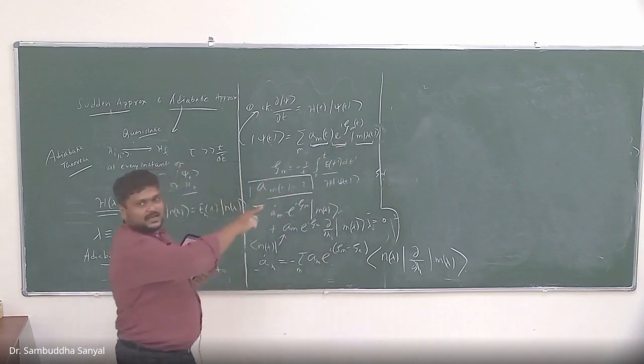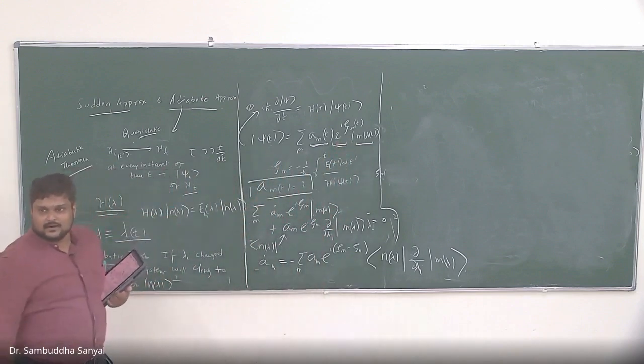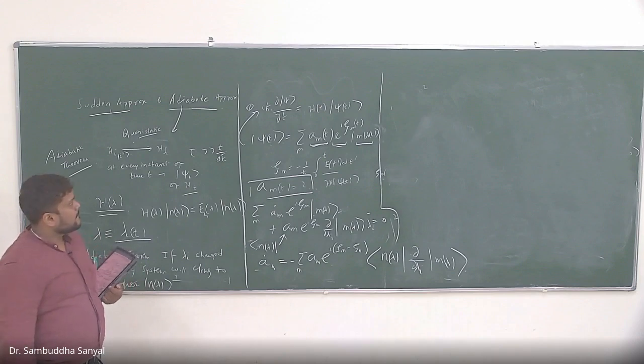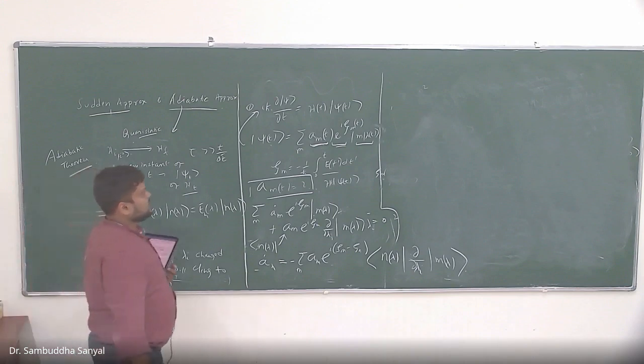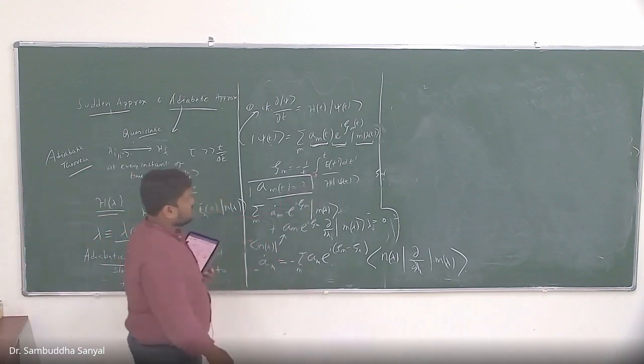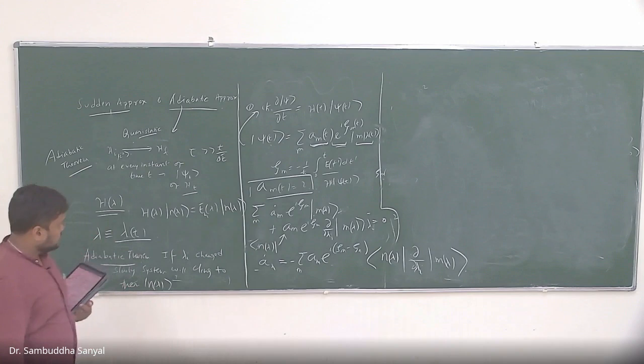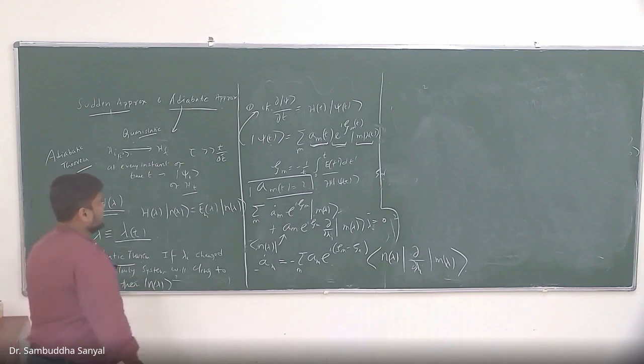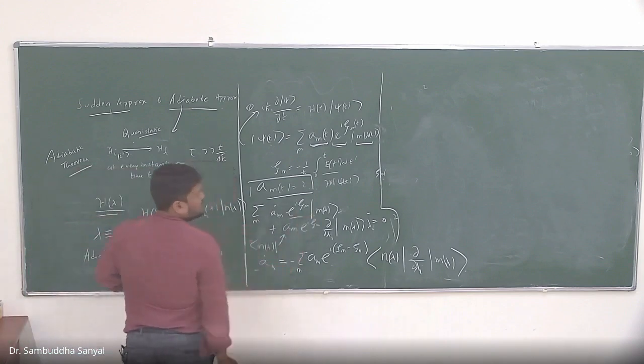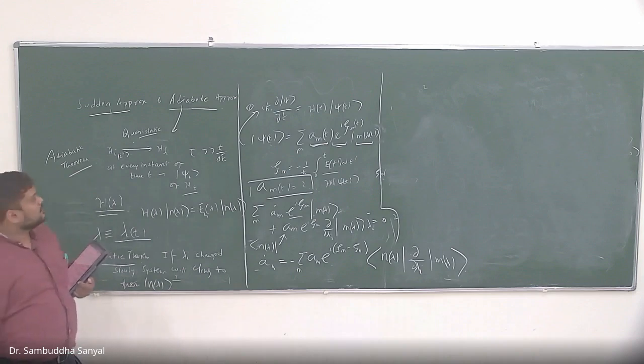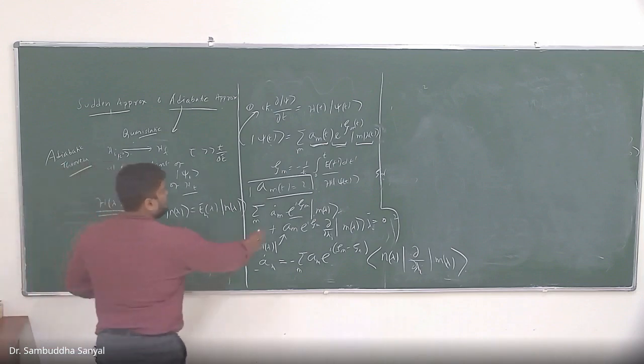You can break it using del/del lambda times del lambda/del t. That term is trivial because that will just give you the E(t). Yes, that term is here. So a_m dot.